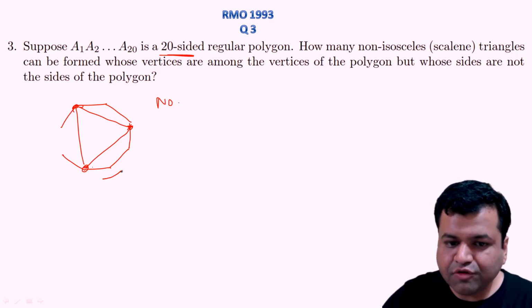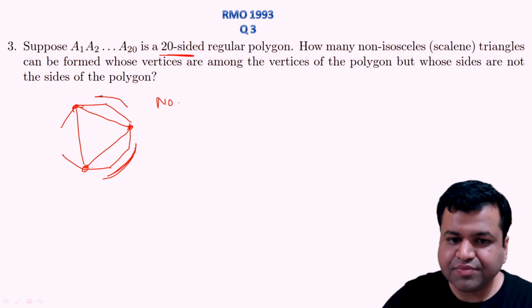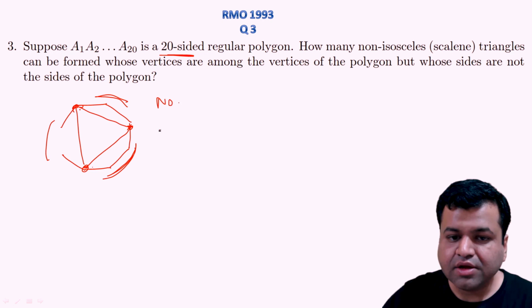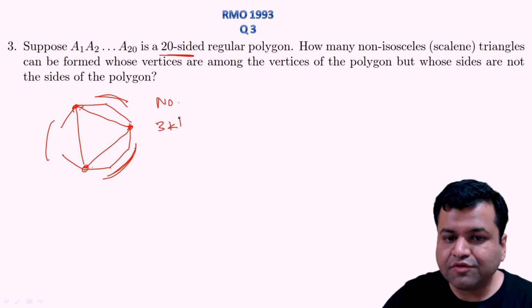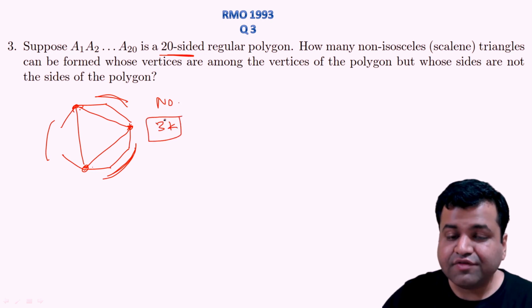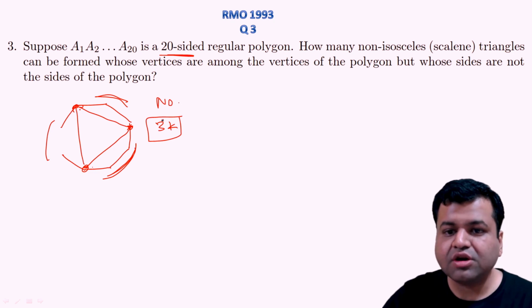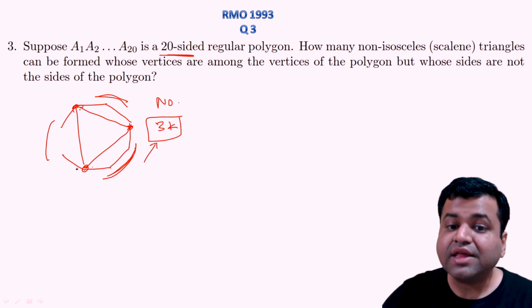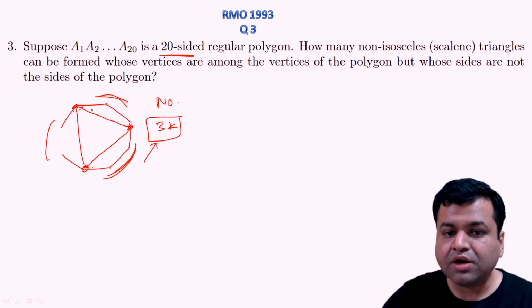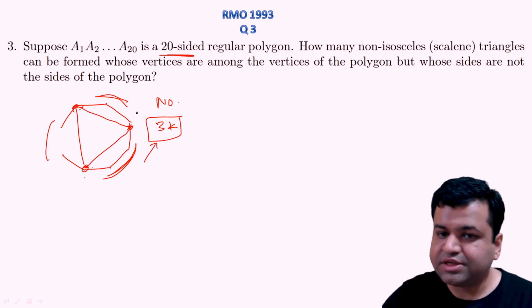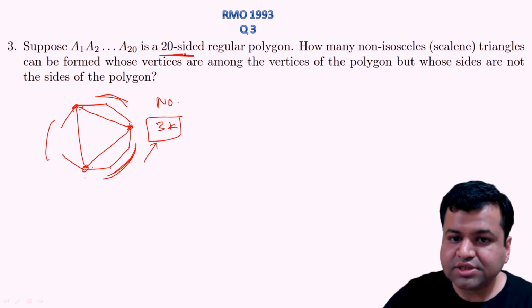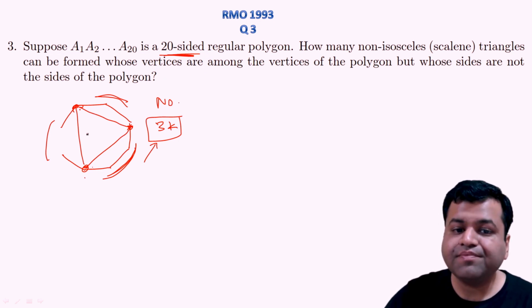The total number of points should be a multiple of 3, right? If the total number of vertices of the polygon is of the form 3k, then only we can draw an equilateral triangle whose vertices are the vertices of the given regular polygon, right? But here this is not the case, so we cannot draw an equilateral triangle.